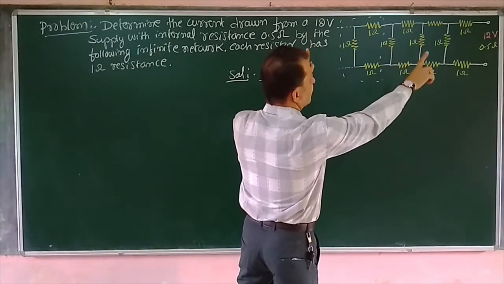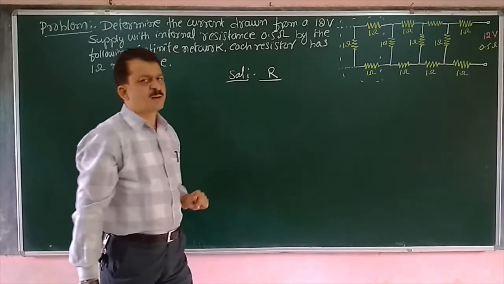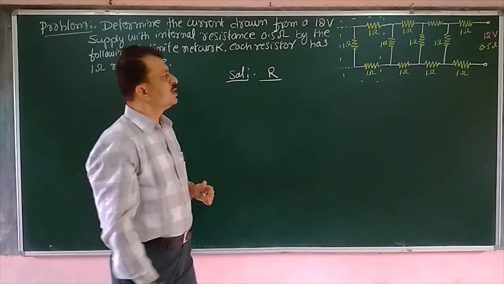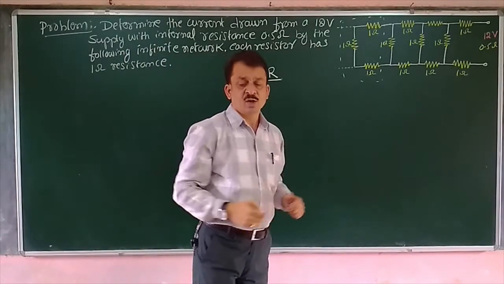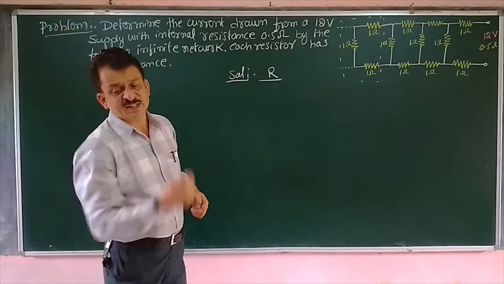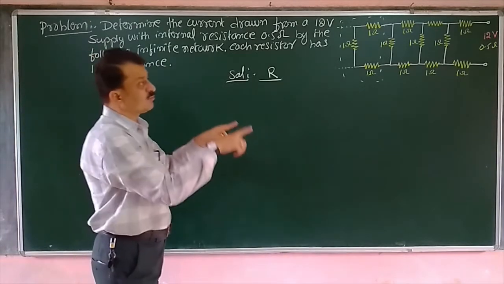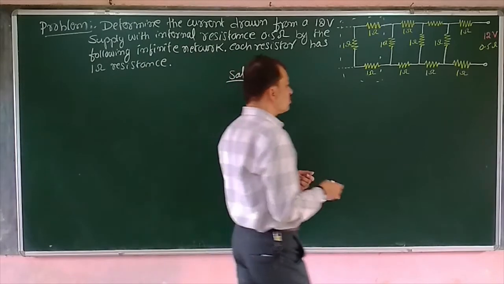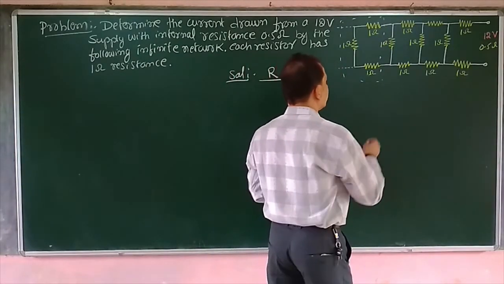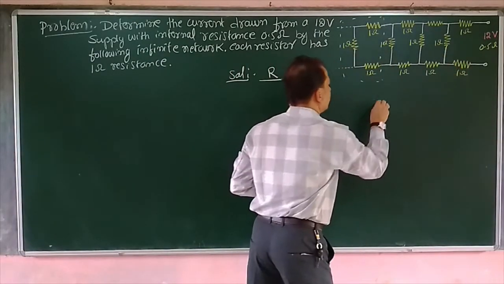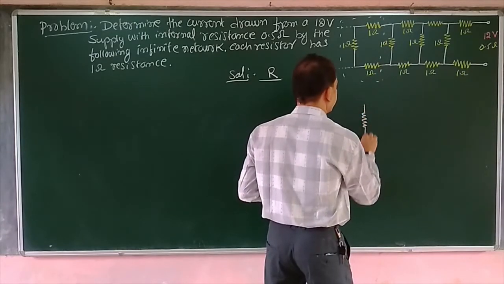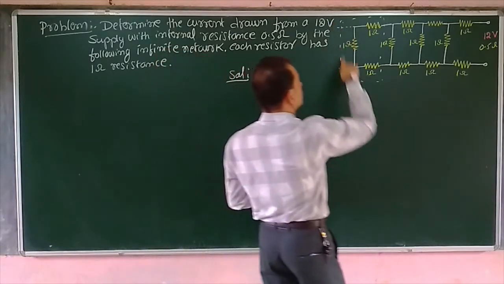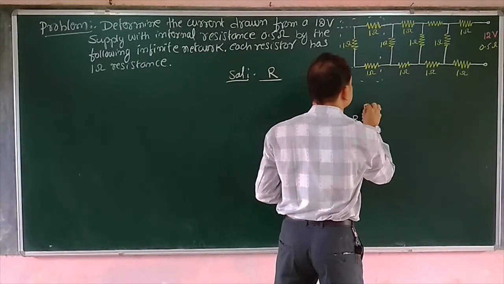If the equivalent resistance is capital R, and I am connecting one more unit of this infinite series, then the circuit becomes like this. Now this capital R I have taken, to this I am connecting one more unit of this set of resistors.